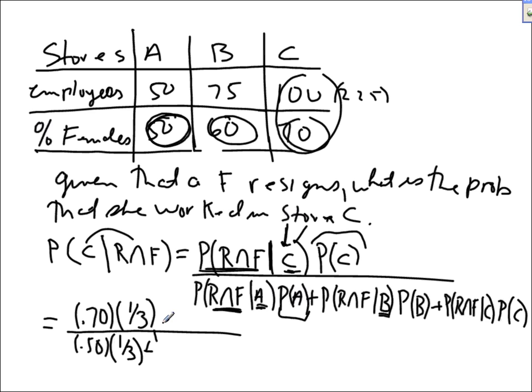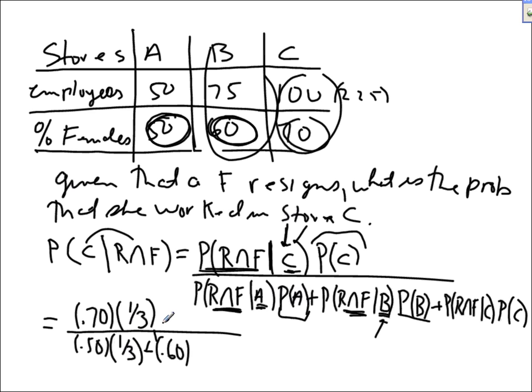Plus, being a resigning female, given that you came from B. Well, 60% of the workers in B are female. They're just as likely to resign as a male. So 60% of the time, if you're from B and you resigned, it will be a female.